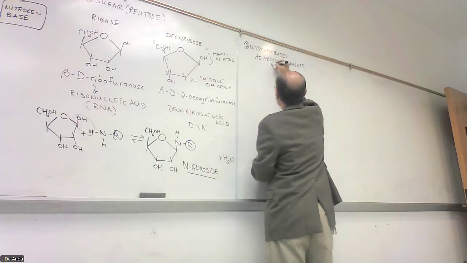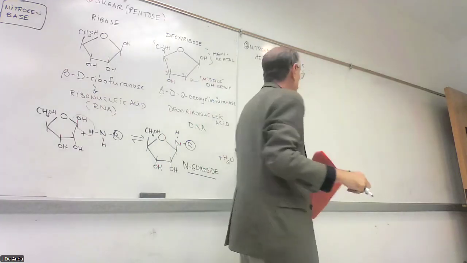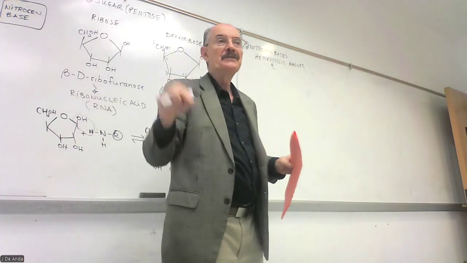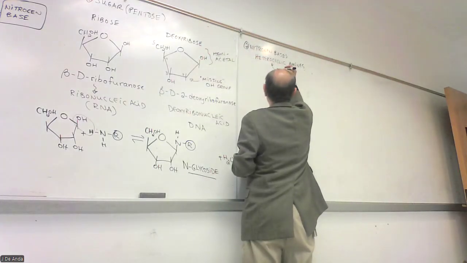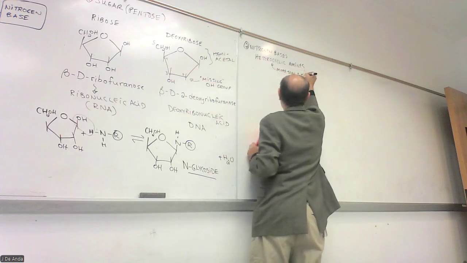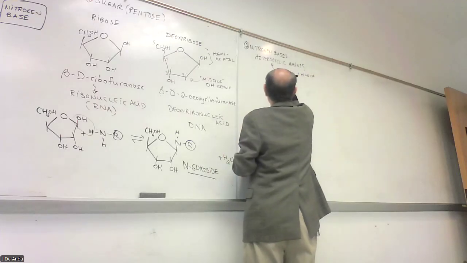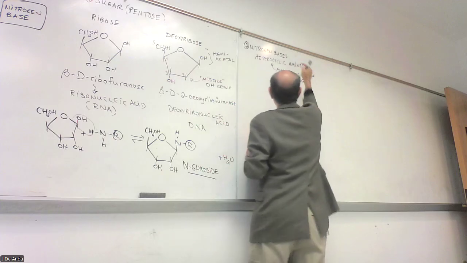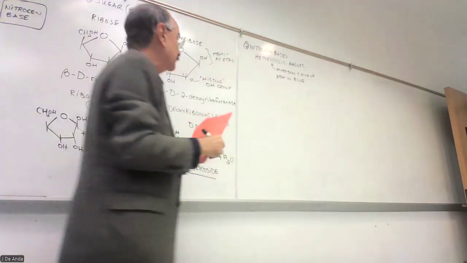And heterocyclic means that, again, you have a cyclic, a ring kind of structure, but unlike the ones we've seen before, not all the positions are carbons. So you have more than one kind of atom in the ring. And in this case, you're going to have rings that are made of carbon and nitrogen.